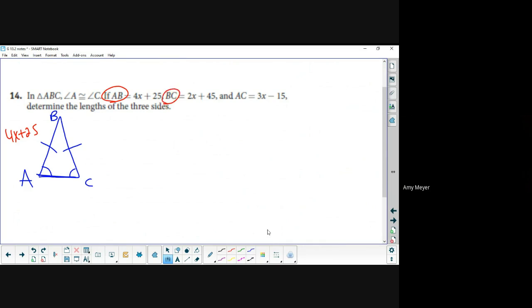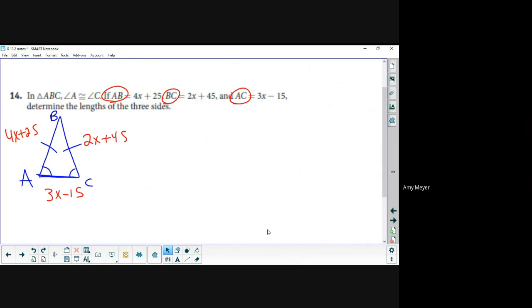That's side BC. Then label side AC. Oh my word, Carm. That's so much work. Yeah. Okay, so our picture's done.